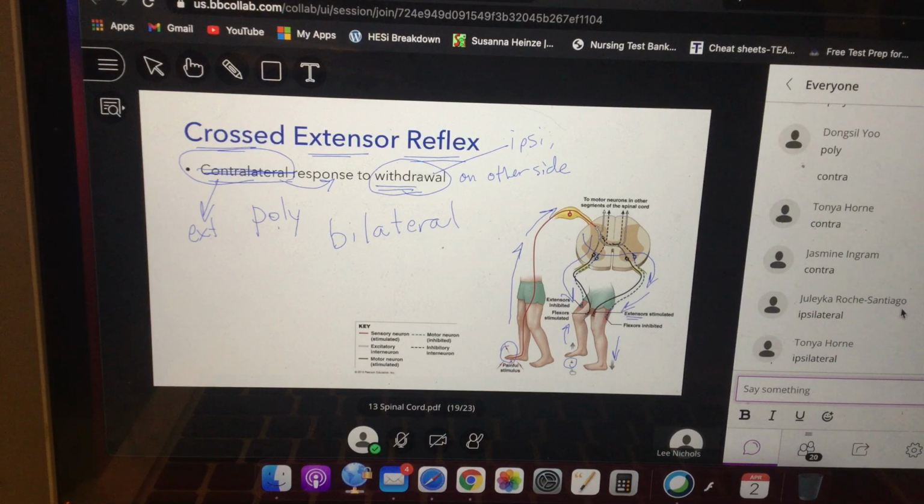So again, down here in the diagram, you have withdrawal on the side of the injury, extension on the side opposite the injury, but the reflex involves both sides. So it's actually a bilateral reflex.